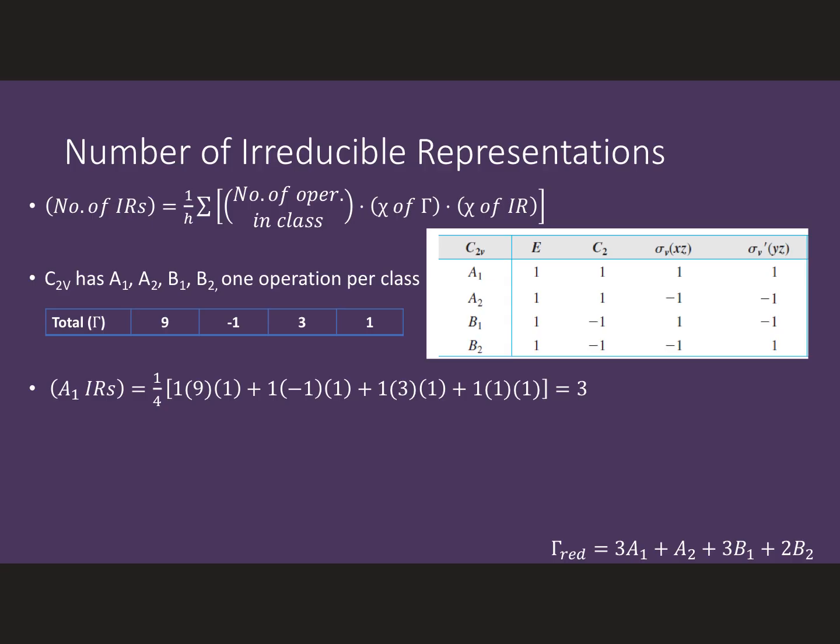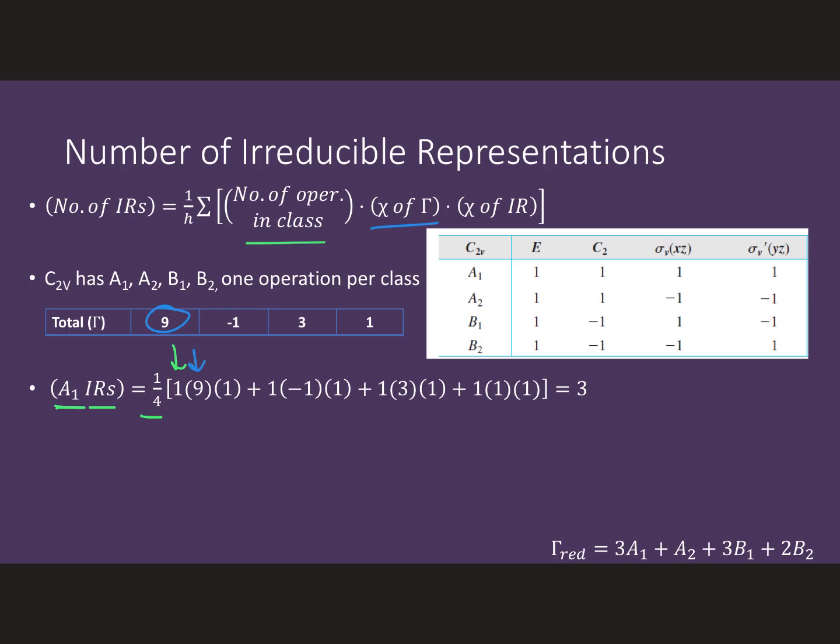If I want to know how many A1 irreducible representations make up those 3n degrees of freedom, I would have 1 divided by the order, so 1 over 4, times the number of operations in a class, and we saw that was 1. We need to know now the character of the reducible representation. Well, that we said was 9. That goes there.